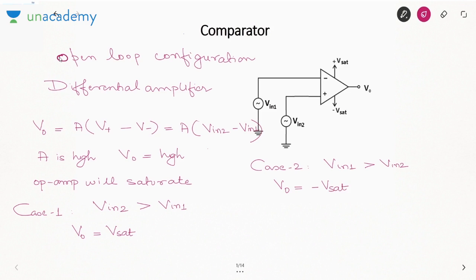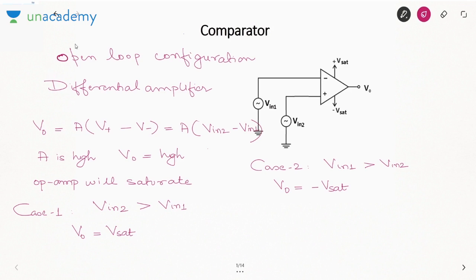That means the output can have two possible values, either plus Vsat or minus Vsat. So by observing the output, you can always tell which input voltage is greater, either the positive input voltage or the negative input voltage. So by observing the polarity of output, we can tell about which voltage is higher and which voltage is lower. And this process is basically called as comparison, and hence this device is called as comparator.